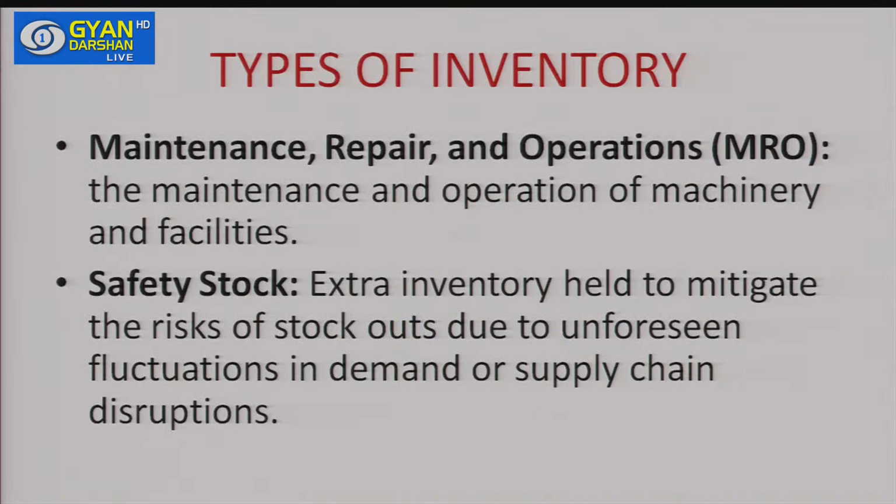There are two more types of inventory along with these three types. First is maintenance, repair and operations. As you may remember, during manufacturing and production, you need certain items for the maintenance of machines, maintenance of the workshop, repair of machines and for the regular operation of machines.